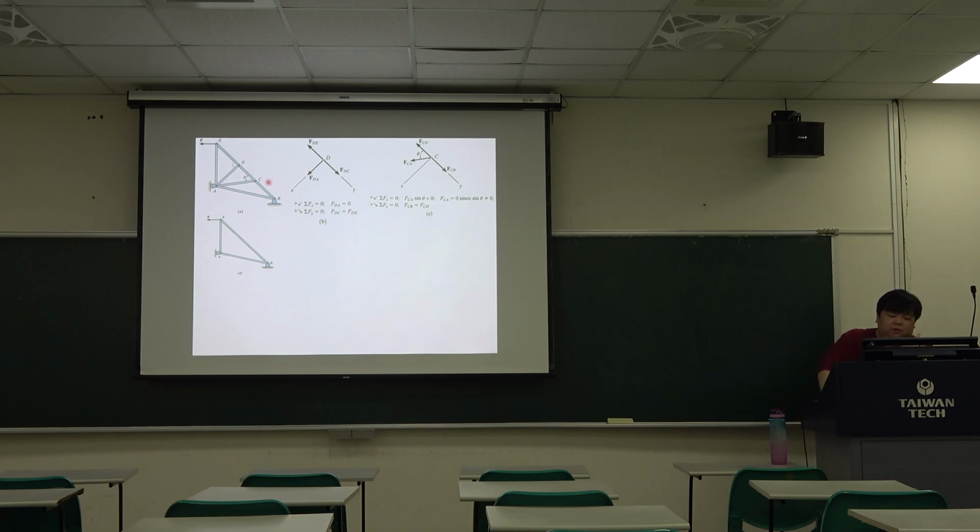When we draw a free body diagram about the point C, or joint C, we also have three forces at the joint C. And when we do the summation Fx equals 0, then you can find, because there is no support and no other force here, the FCA is equal to 0, and FCD equals FCD when you do the summation Fy equals 0.